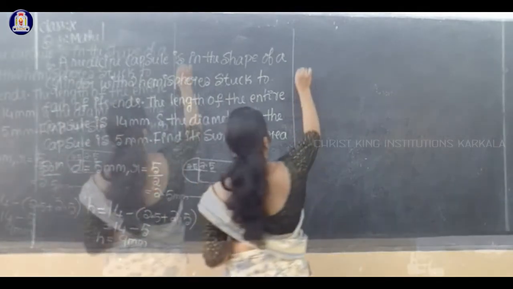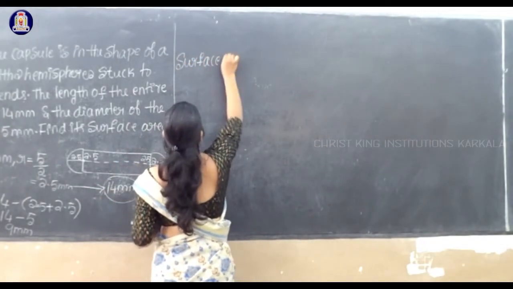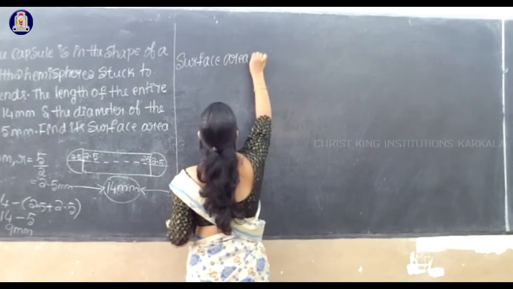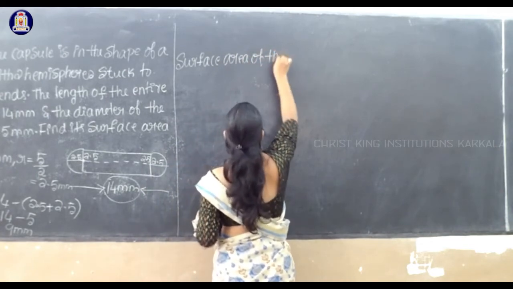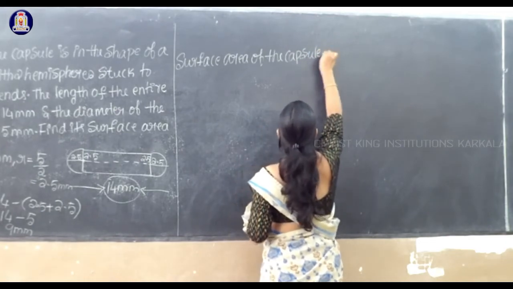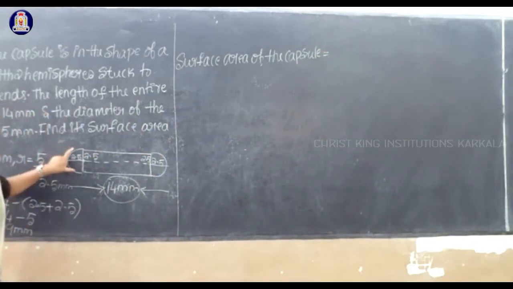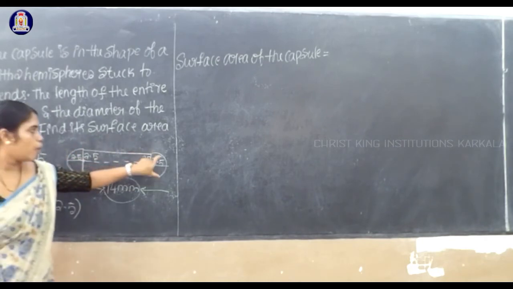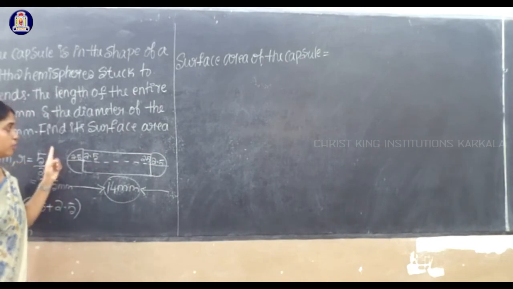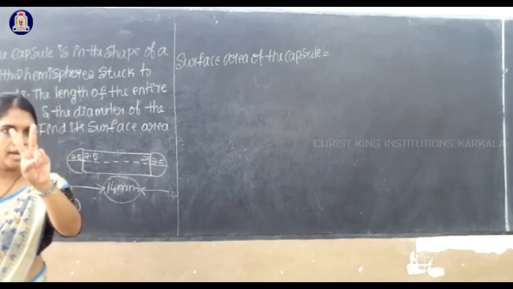So the surface area of the capsule. How to calculate the surface area of the capsule? The top face is a hemisphere, the bottom is also a hemisphere. So there are totally 2 hemispheres.